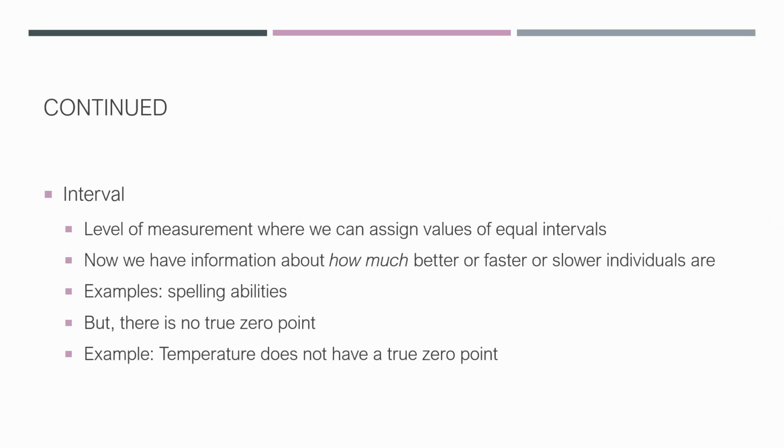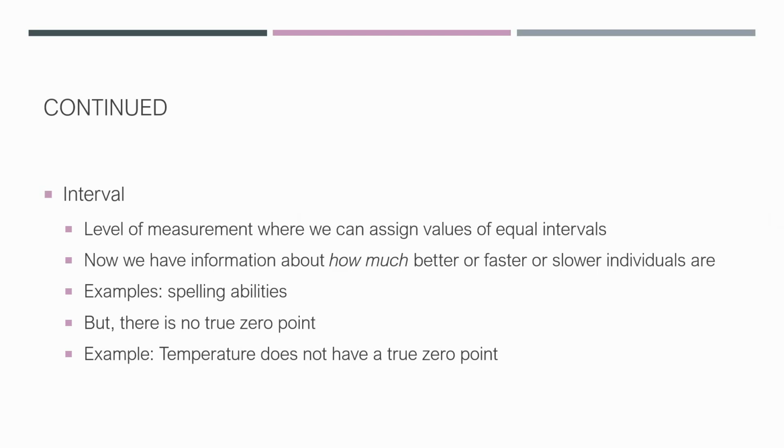However, the disadvantage of the interval level of measurement is that there is no true 0 point, meaning, is there really a 0 level of ability? Even if you score a 0 on a spelling test, does that really mean that you have no spelling ability whatsoever? Not really, right?